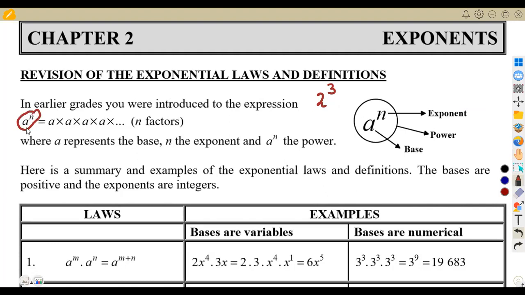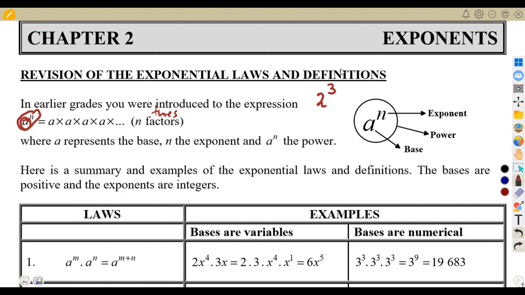It means that letter is going to multiply itself a number of times, which is this number that we see here. It is going to be a times a times a, any number of factors. The number here is the one you're going to use in your multiplication. But what are you multiplying? The base. Remember, a represents the base, n is the exponent, and the whole of this is the power.